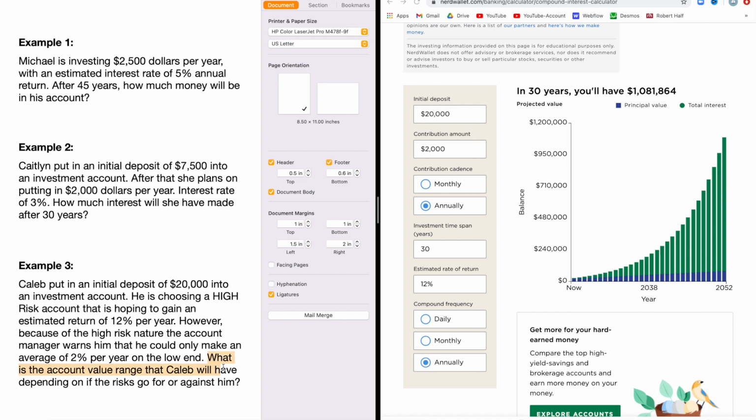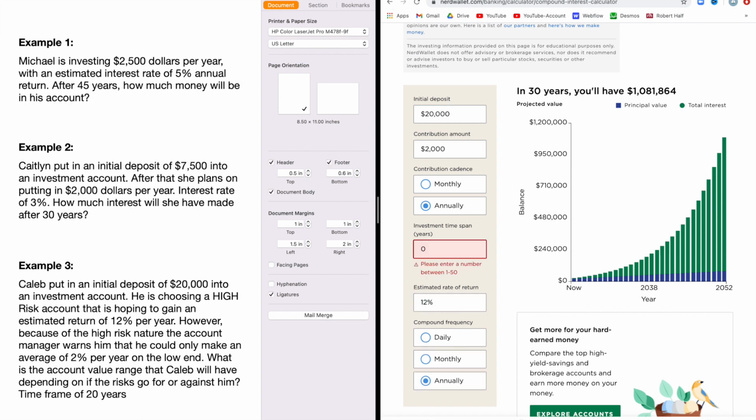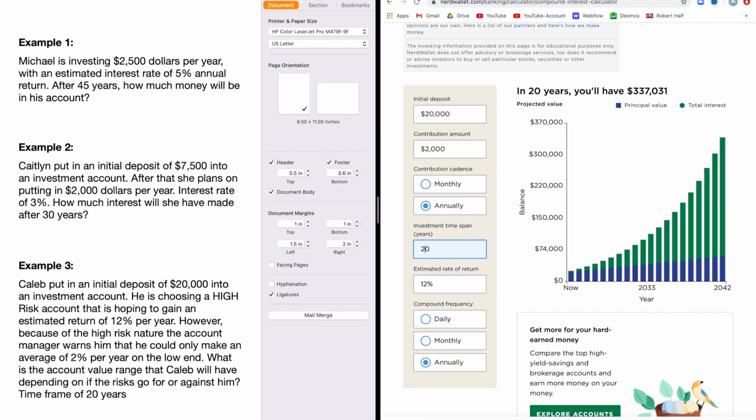So what is the account value range that Caleb will have depending on the risks that go against him? And let's say it's a time frame of 20 years. All right, so we're going to put 20 years right here. And let's just make sure we got everything. So we got 20,000 into the initial deposit, choosing a high risk account at 12% per year.